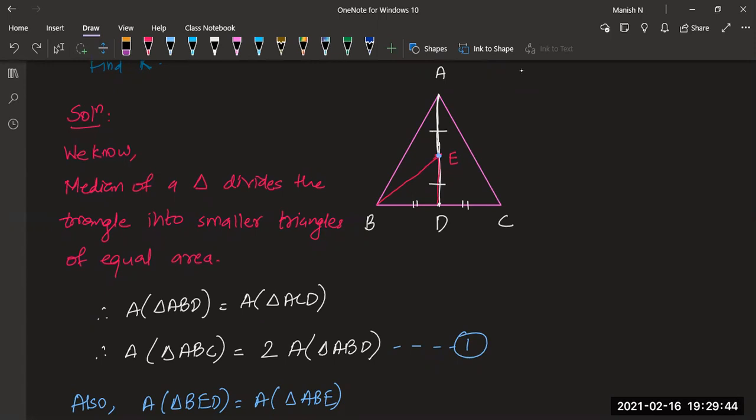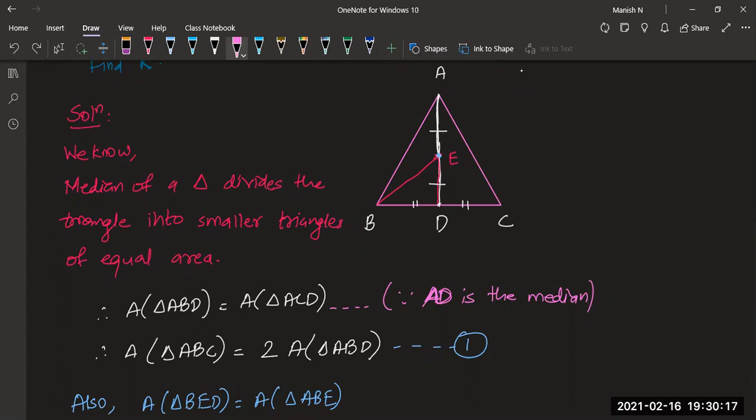You can give the reason here as since AD is the median. Similarly, area of triangle ABC is twice area of triangle ABD, because they are of equal area, right?